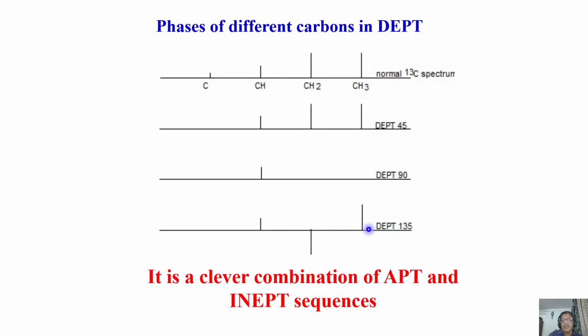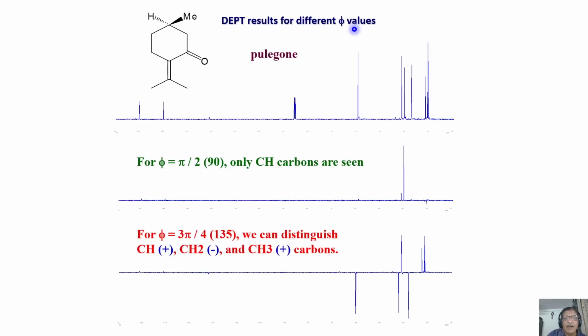In these three experiments, you identified this, this, and this. Then find out the sum and difference of the others, and you can identify this also. Very easy. So you can cleverly combine all these three experiments and do the spectral editing, identifying all the carbons which are attached to protons. It's a very easy experiment.